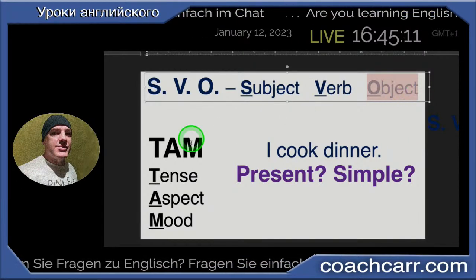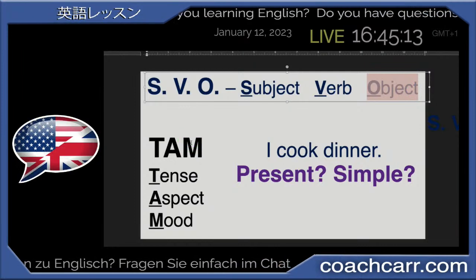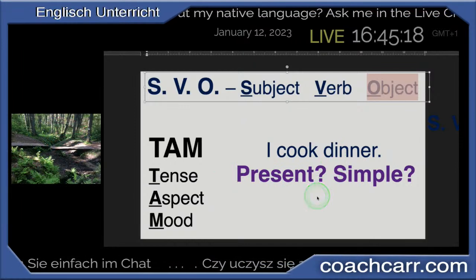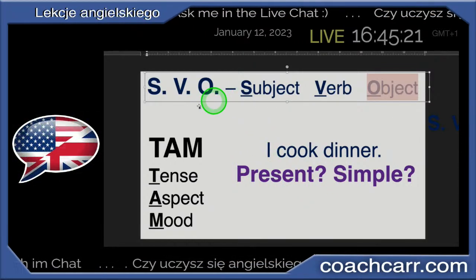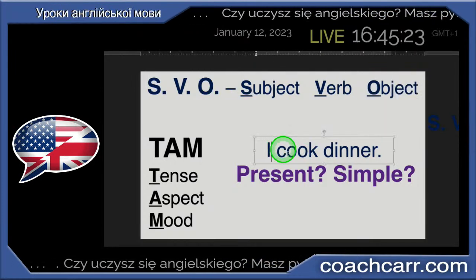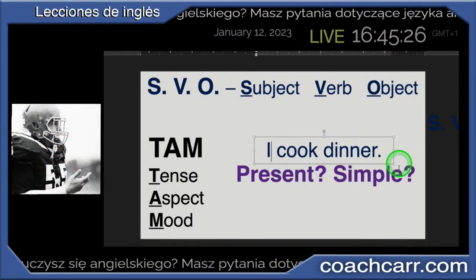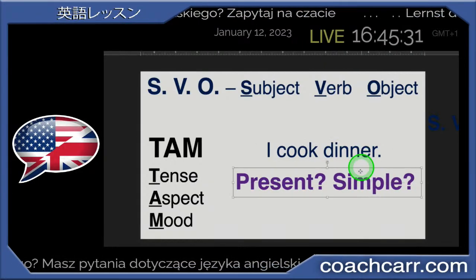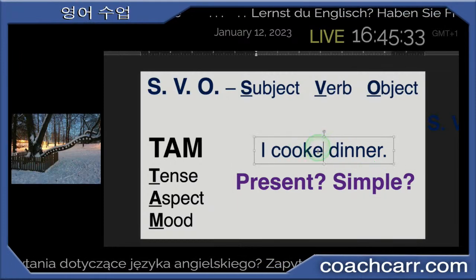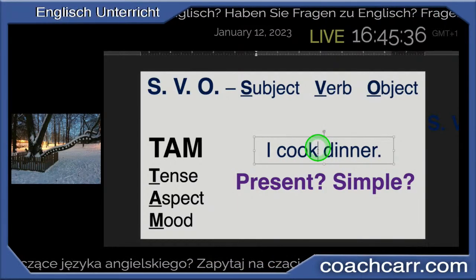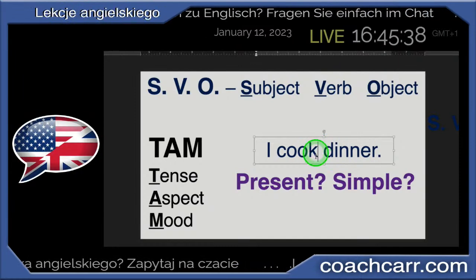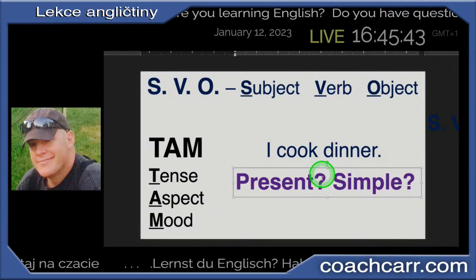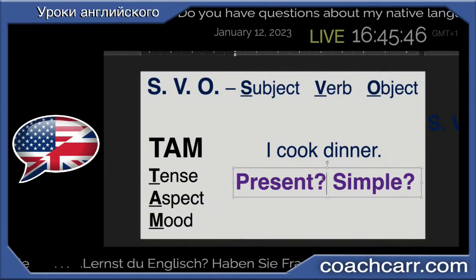If we want to talk about the present, and we want to use SVO, we write, I cook dinner. Right now we don't have that ED anymore, right? I cook dinner.